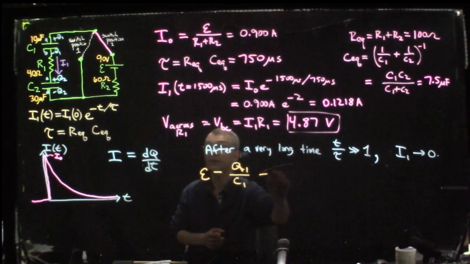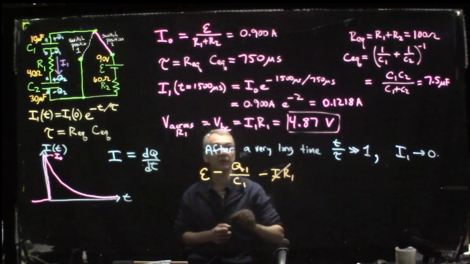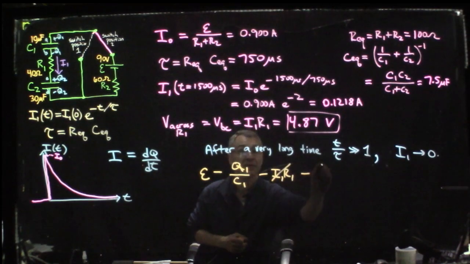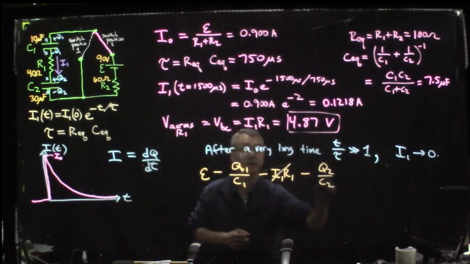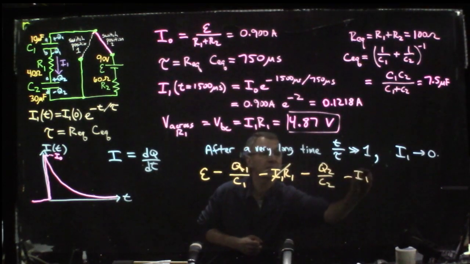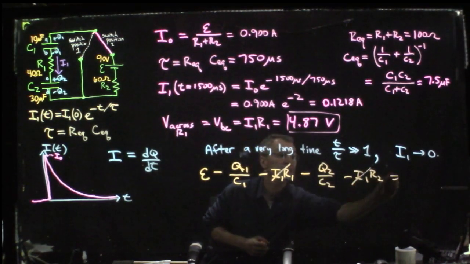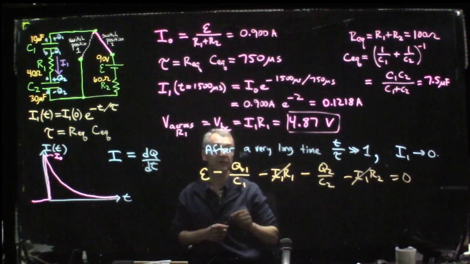And then you see we have I1 R1, but I1 is 0. And then we have minus the voltage across capacitor 2. And then we have I1 R2, but that's 0 because I1 is 0. So that is all 0.